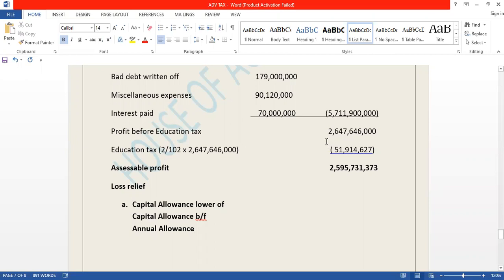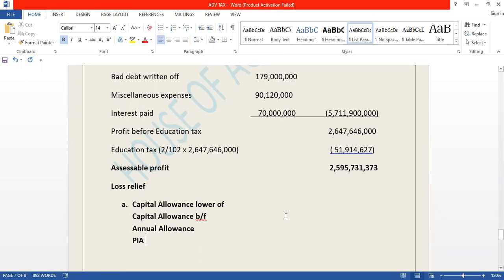That is AA, the brought forward capital allowance addition we have in that year. Then we are going to look at the other one, which is our PI, that is petroleum investment allowance we calculated. We are going to bring it here as well.